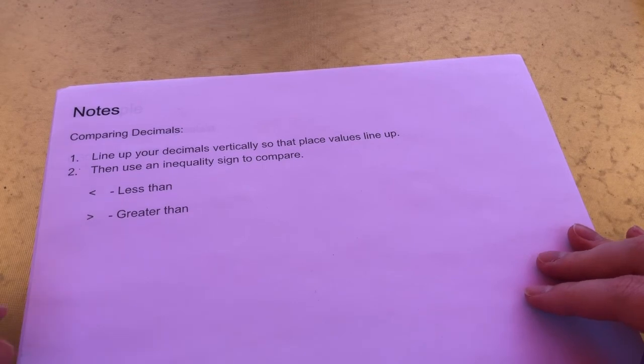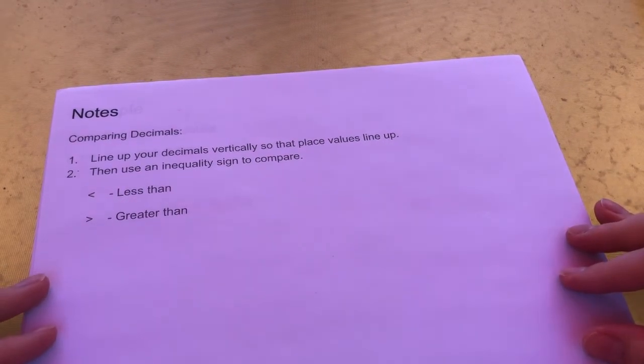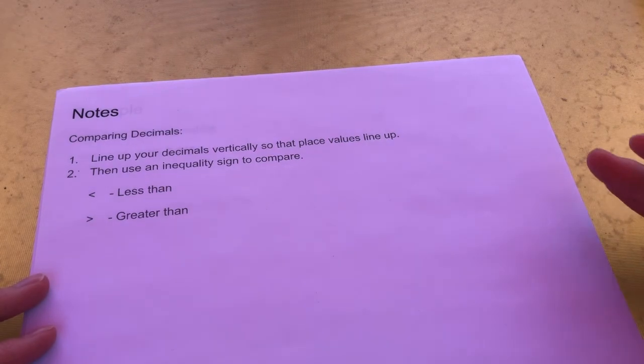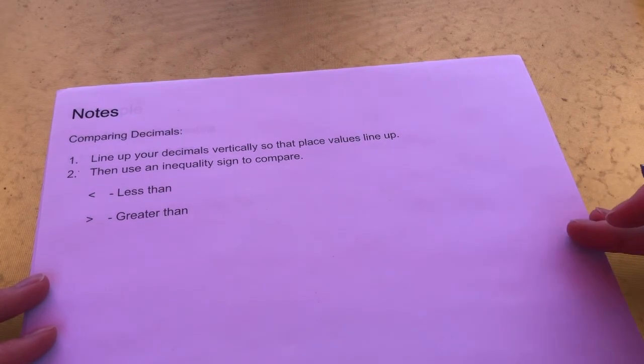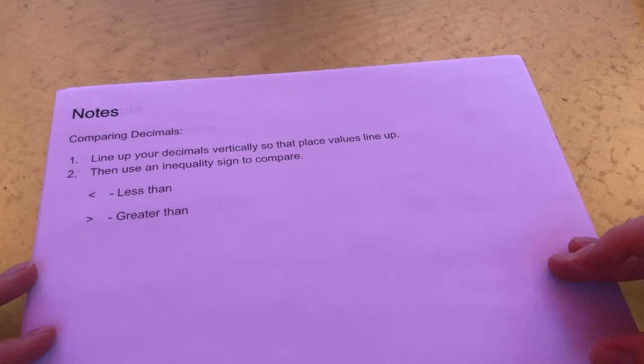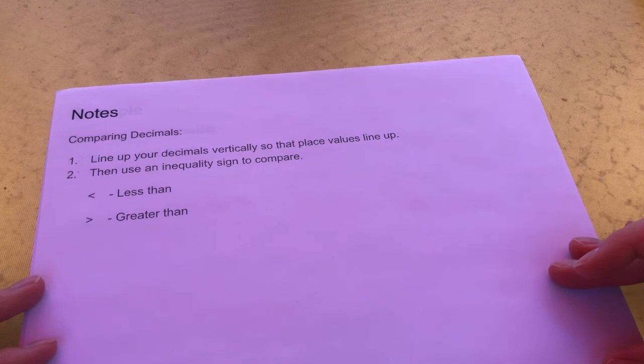Okay, so when you are comparing, because the questions will say, compare these two numbers, you're going to line up your decimals vertically so that the place values line up, and this is just to help you compare those numbers a little bit easier. You can do it without listing them or lining them up vertically, but a lot of my students like this, so that's the way I'm going to be using that today.